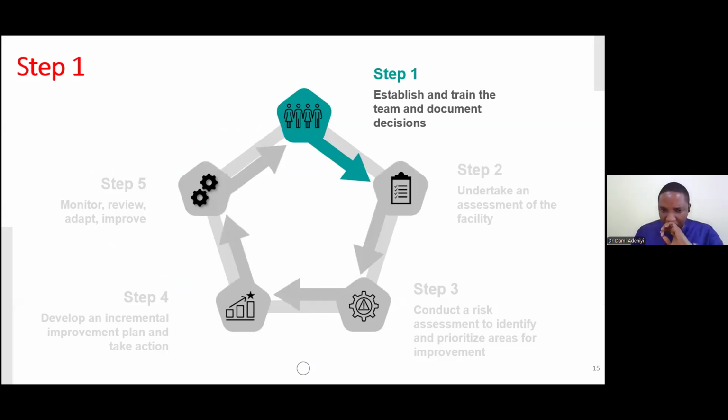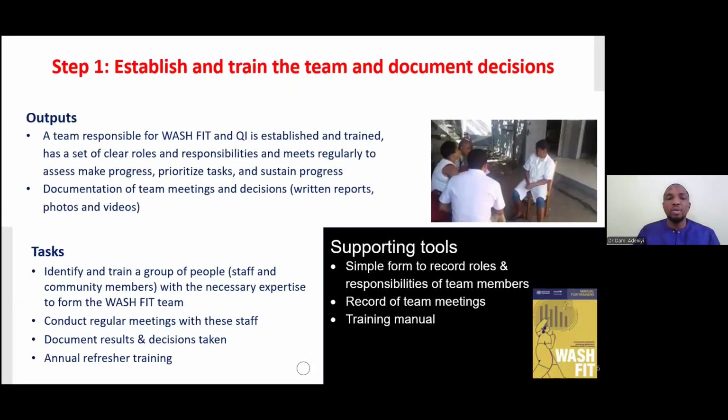So let's look in a bit more detail at step 1. In establishing your WASH FIT team and training them, there are 2 key outputs. First, there has to be a team that will be responsible for the improvements. And the team needs to have clearly defined roles and responsibilities. The team needs to meet regularly to assess progress, to assign tasks, to track progress and things like that.